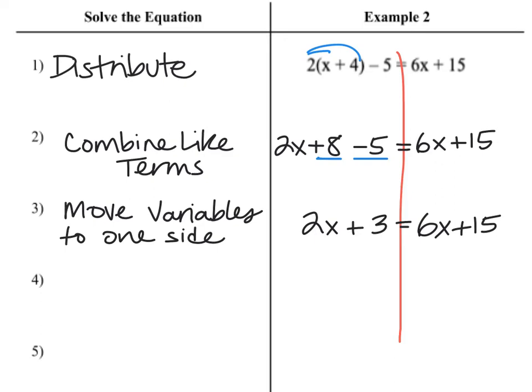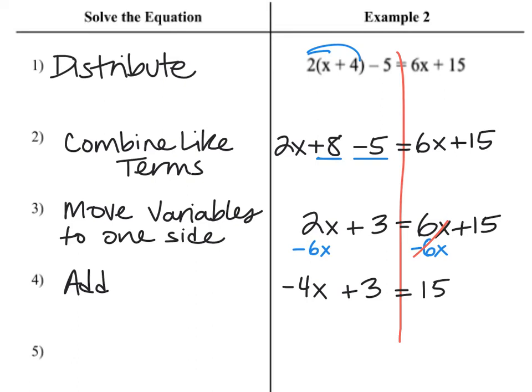It doesn't matter which one you take away, whatever you prefer. I'm going to take away this 6x, so I'll have to subtract it to take it away because it's positive. These cancel out. On the next line down, I have negative 4x plus 3 equals 15.